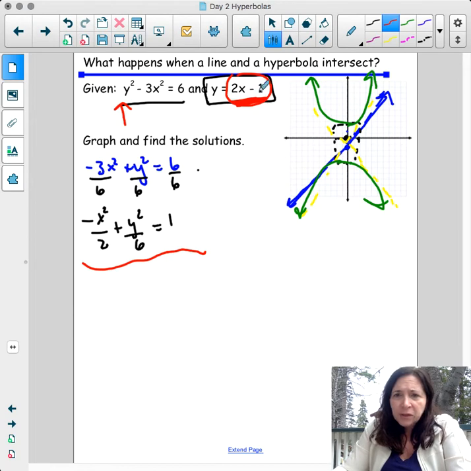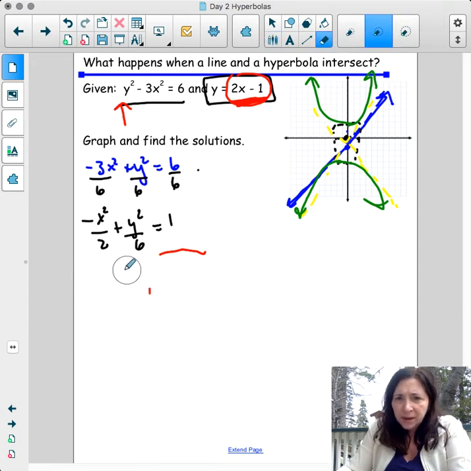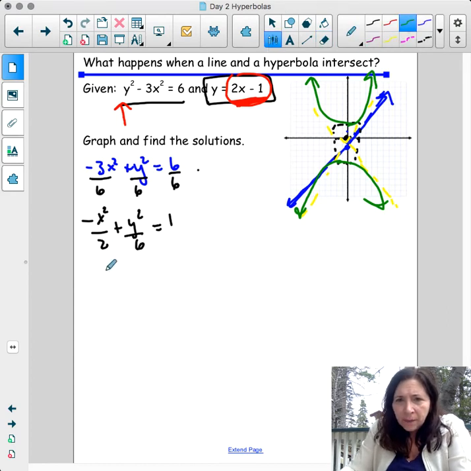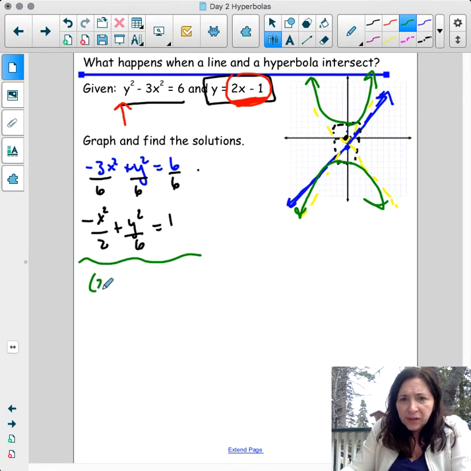So if y is equal to 2x minus 1, y squared, so we're going to go (2x minus 1) squared. Okay, I'm going to try to draw that a little bit more straight. So we're going to go (2x minus 1) squared minus 3x squared is equal to 6.